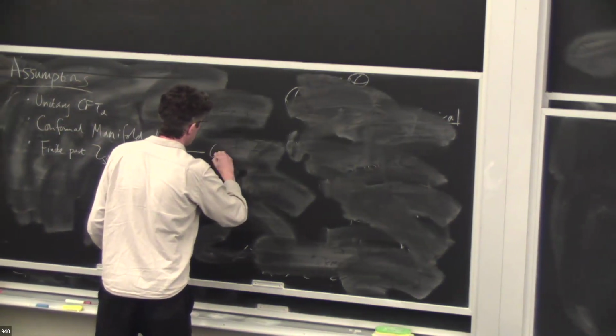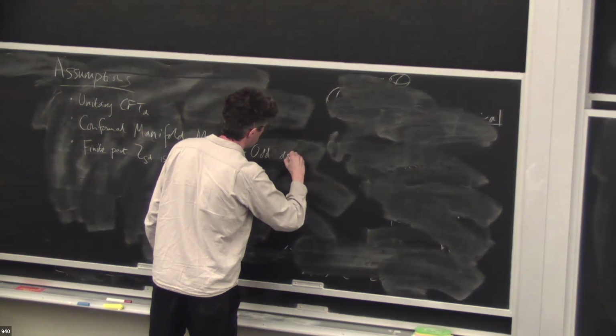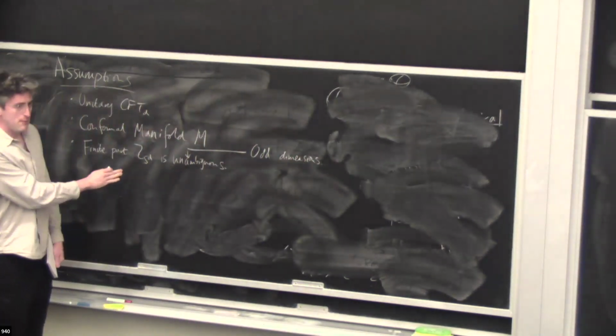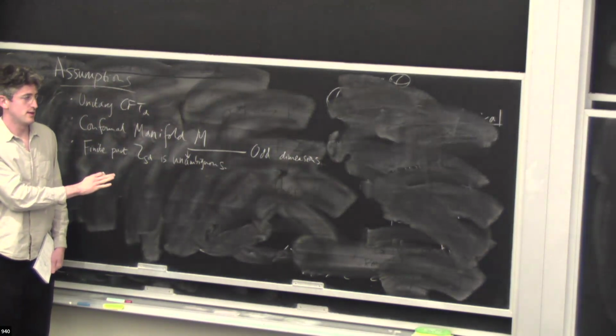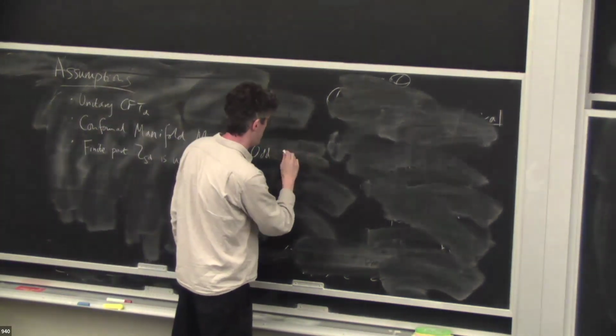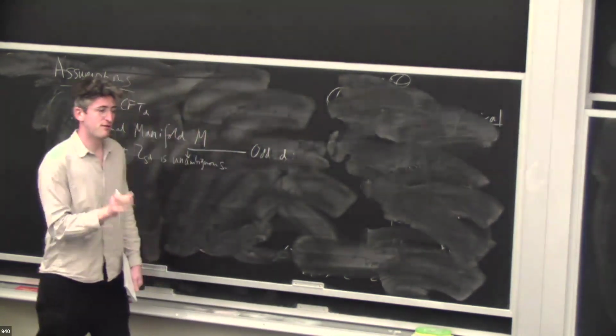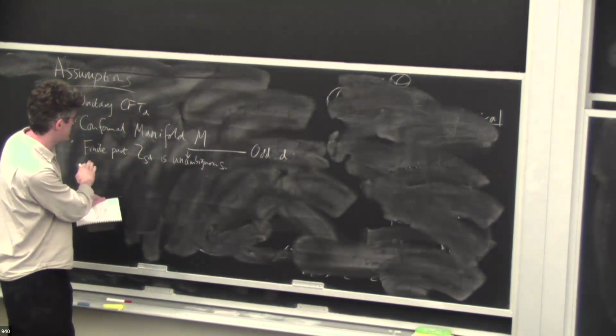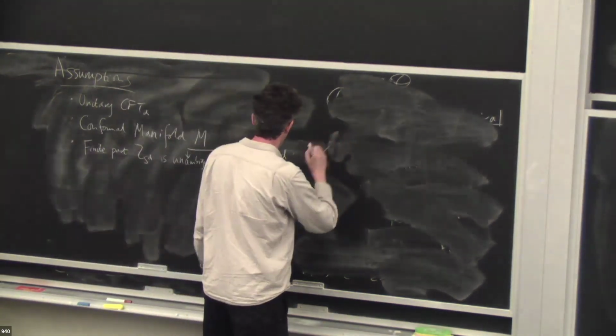So in odd dimensions, crucially, the sphere partition function of a CFT doesn't have a log divergence. That means the finite piece, once you subtract off the powers, is well defined. So this assumption is automatic in odd dimensions.